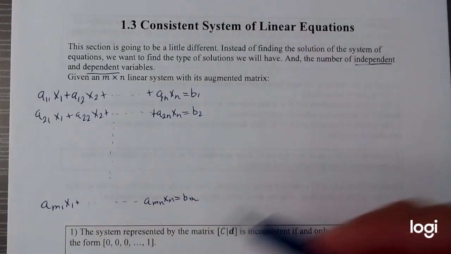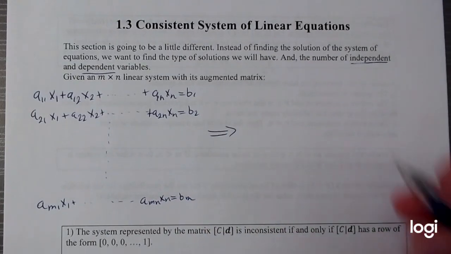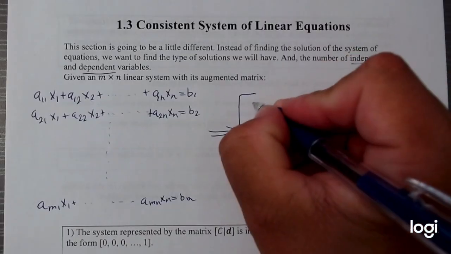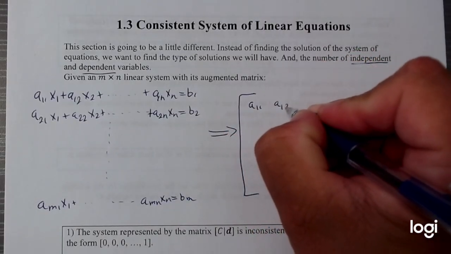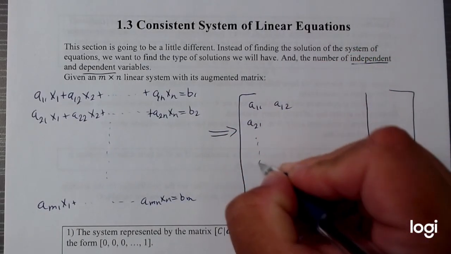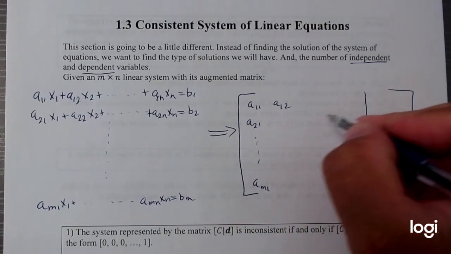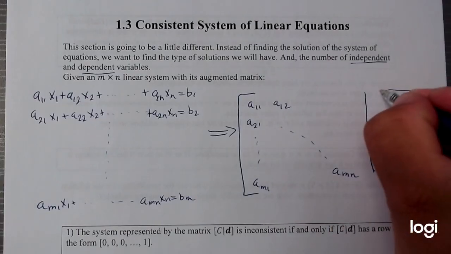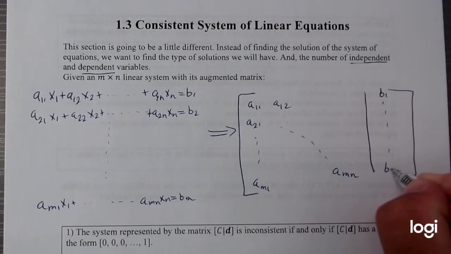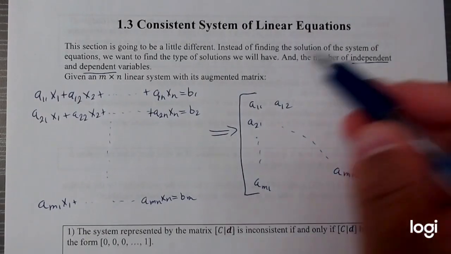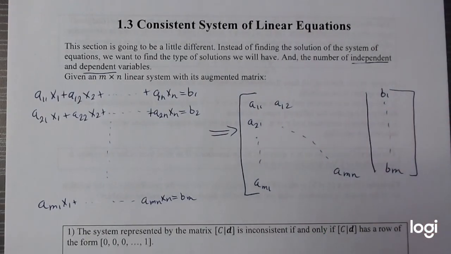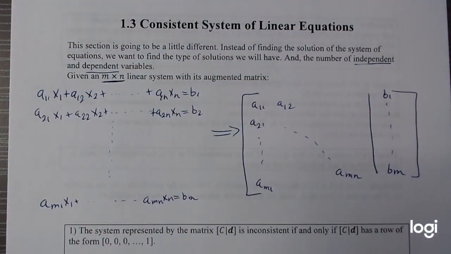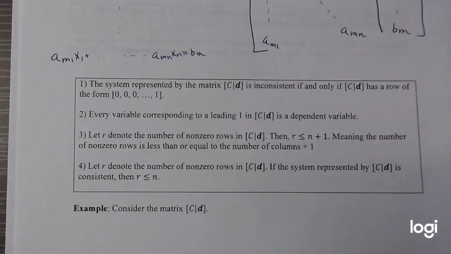Right, so this is our coefficient portion, and then its respective augmented matrix will look like this. Now we're talking about this type of situation: an arbitrary m by n matrix, where they're not the same for now.